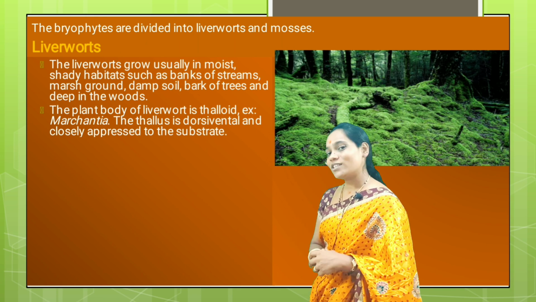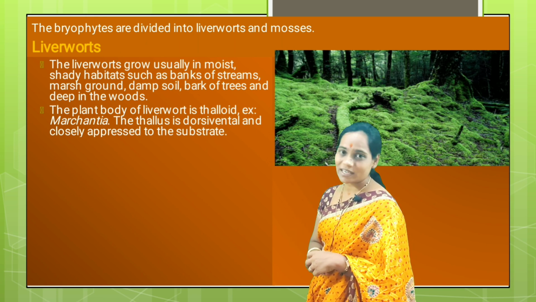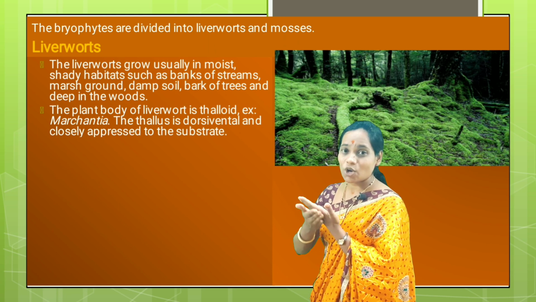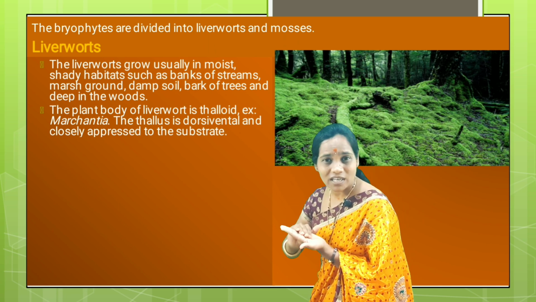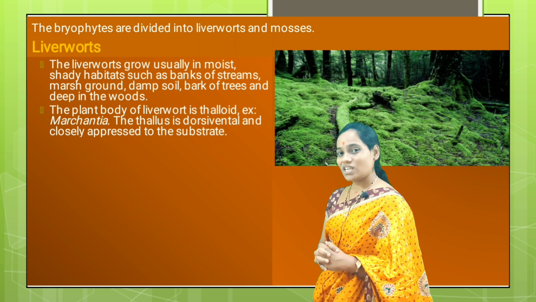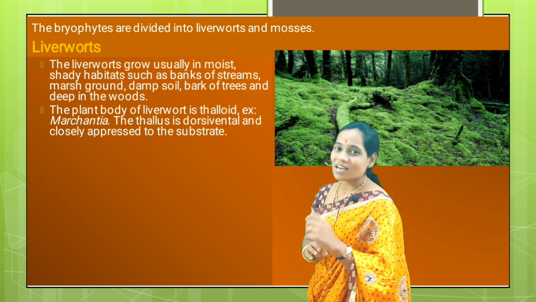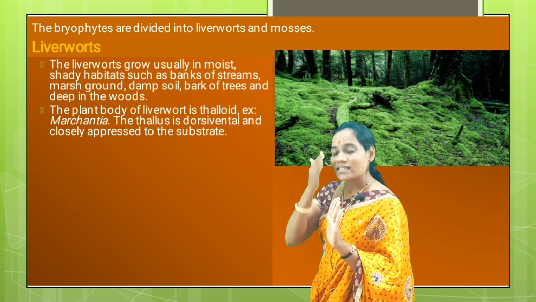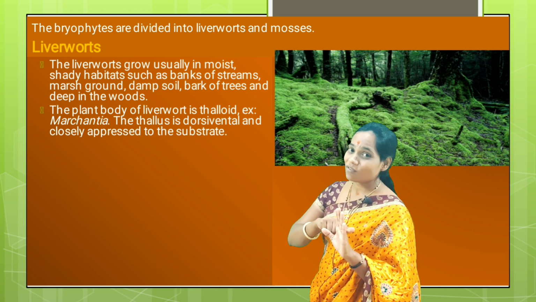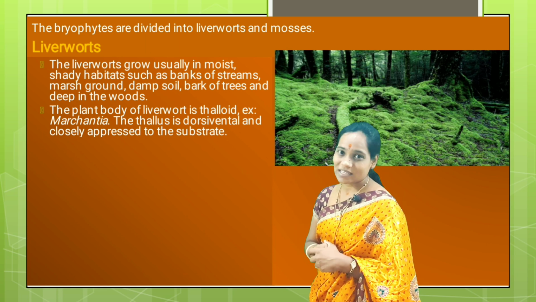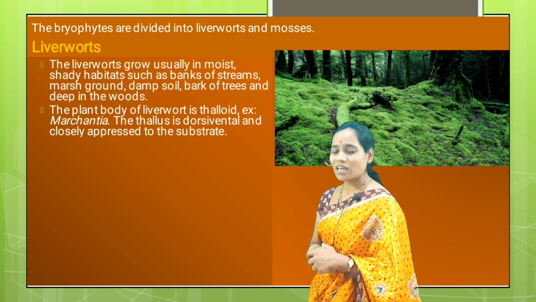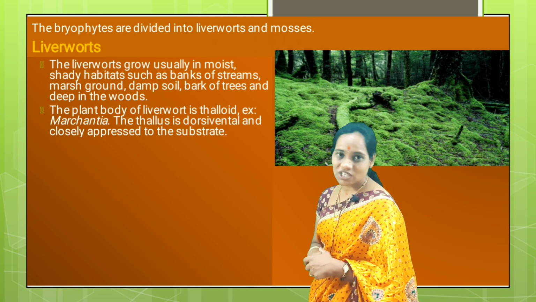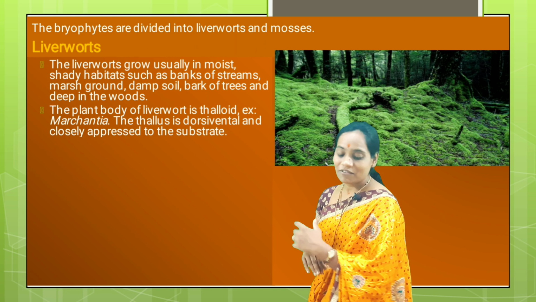What is dorsiventral? Dorsiventral means the dorsal and ventral surface can be differentiated. They don't appear the same in both the dorsal region as well as the ventral region. They differ on the dorsal and ventral surface. Hence we say the thallus of Marchantia is dorsiventral.